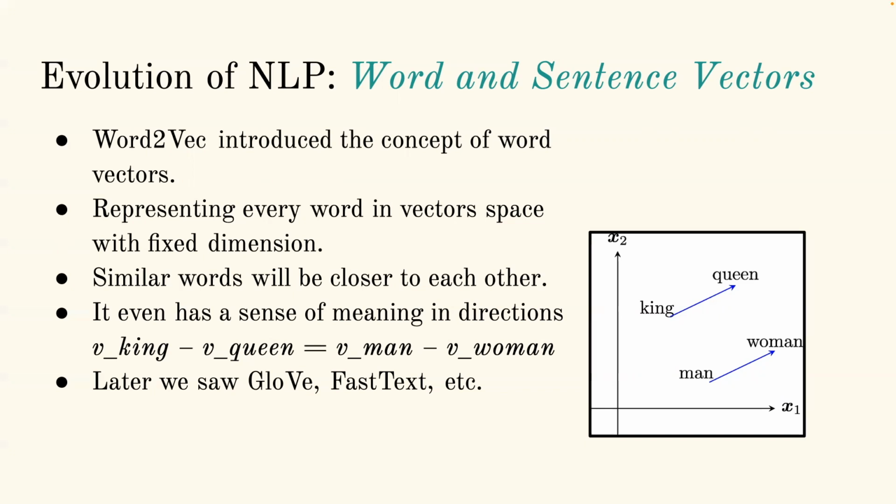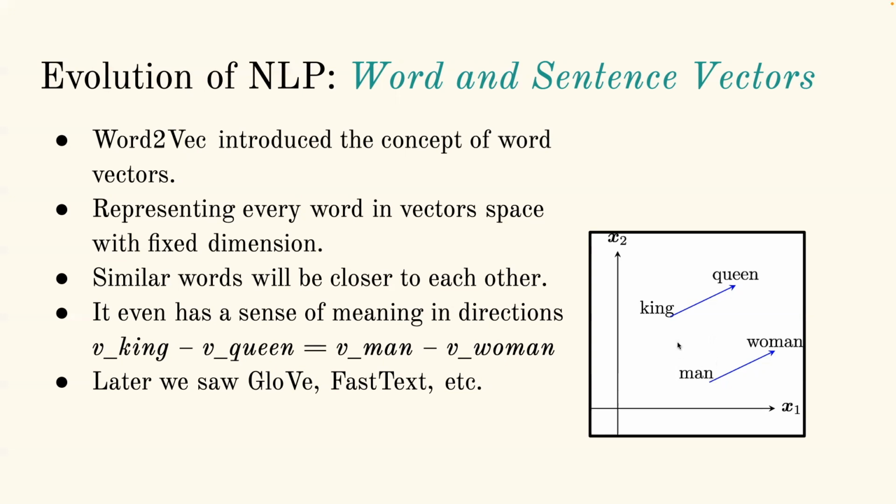The first paper that introduced this technique was the Word2Vec paper. And the famous result that everyone shows is this graph here. Here they have taken 4 words, king, queen, man, woman, and they have taken the t-SNE representation of these vectors to show it in 2-dimensional space.